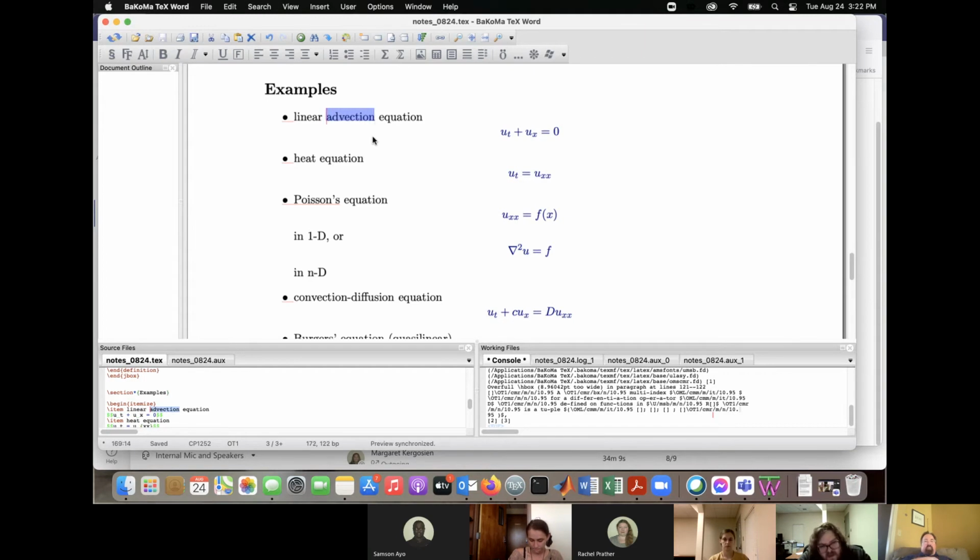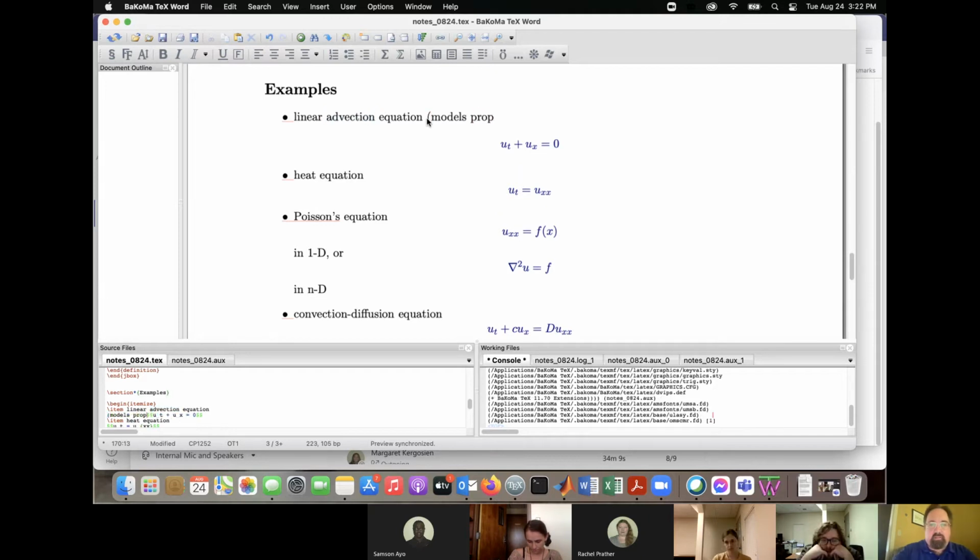Advection is a very important term when it comes to PDEs. A solution that exhibits propagation, for example, of a motion of a wave. Perhaps you have a wave that's moving from left to right, or possibly in both directions.